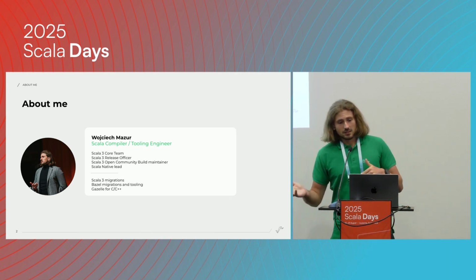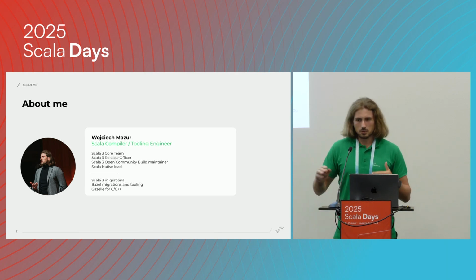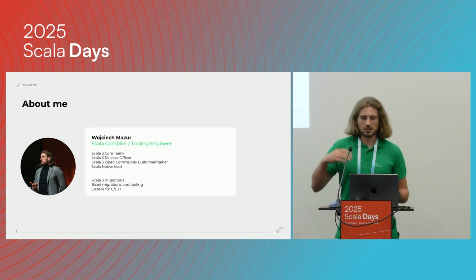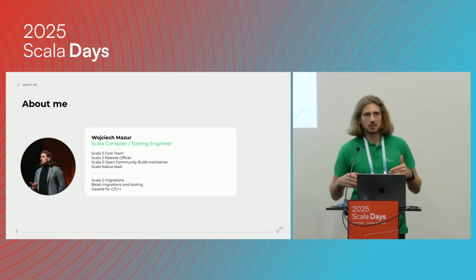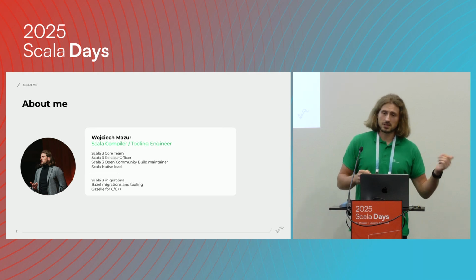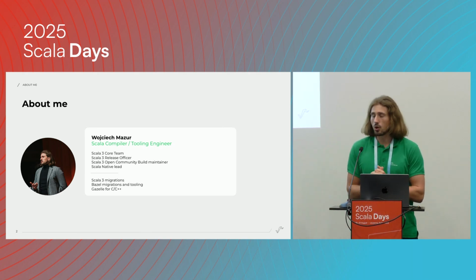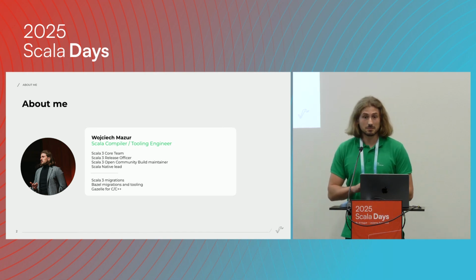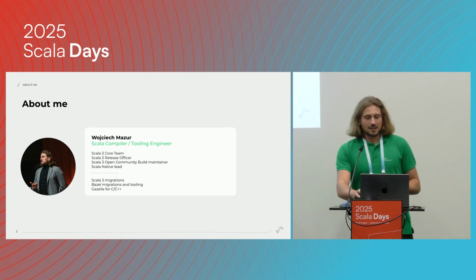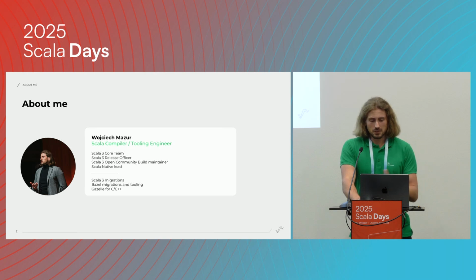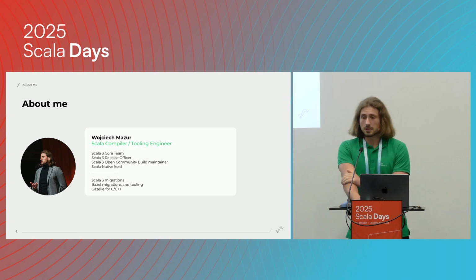And besides that, for the more commercial projects, I'm doing some migrations, for example from Scala 2 to Scala 3, some work on migrations to Bazel, for example from SBT, or from more low-level build tools, maybe CMake or something like that. And also with our friends from EngFlow, I was recently developing the Gazelle for C and C++.